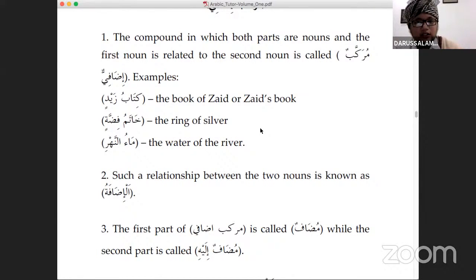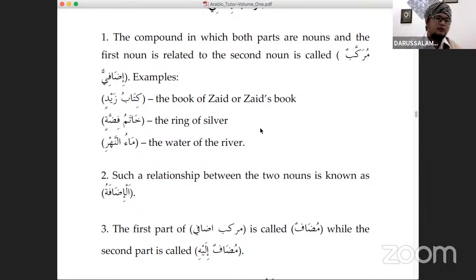Ma'un nahri, air sungai. There is no particular word of in the middle. Understand? So it's very easy to translate into Malay, but I want you to understand the English translation.